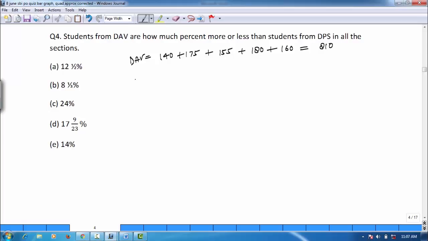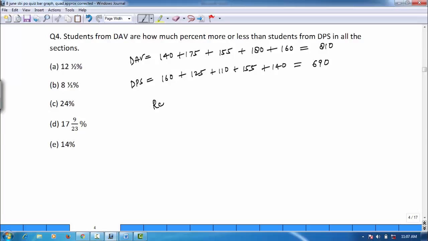Now the total number of students in DPS will be equal to 160, that is the number of students in section A, plus 125 in section B, plus 110 in section C, plus 155 from section D, plus 140 from section E. So this will give us the number as 690.